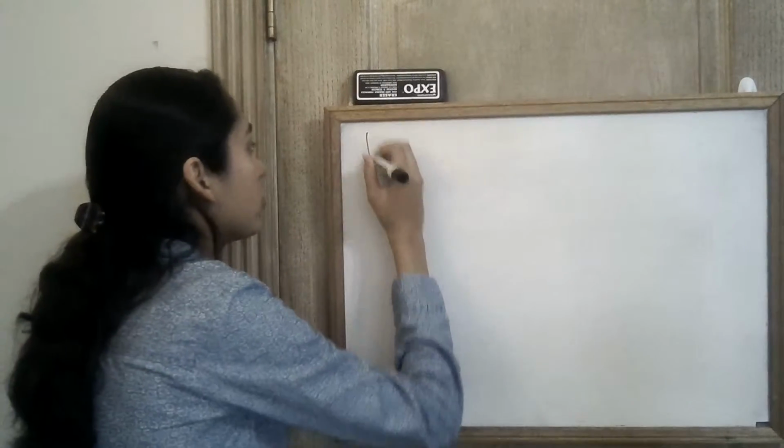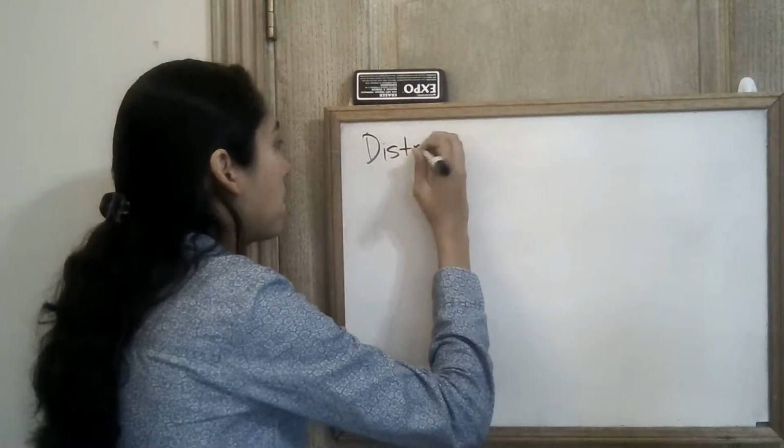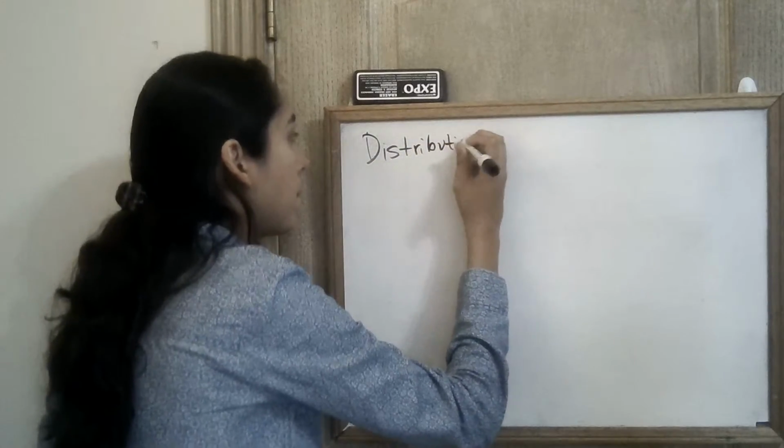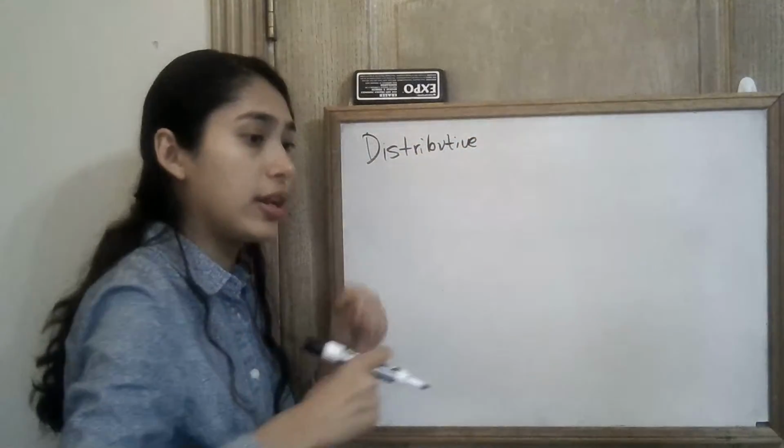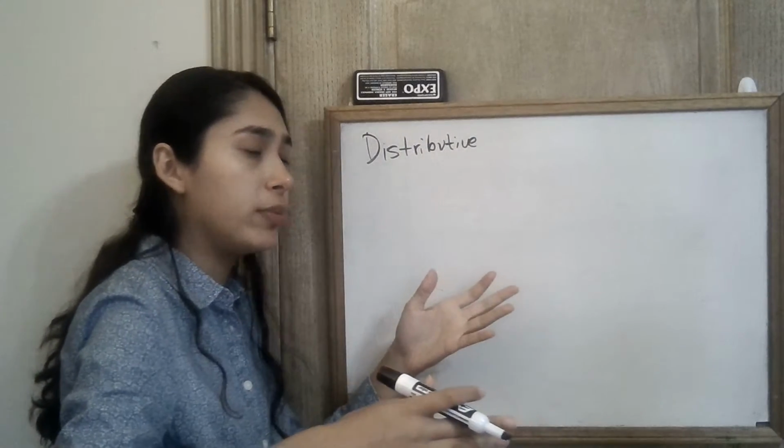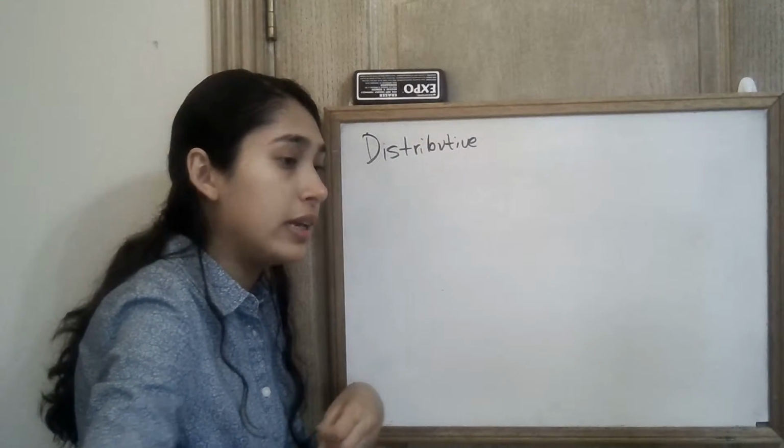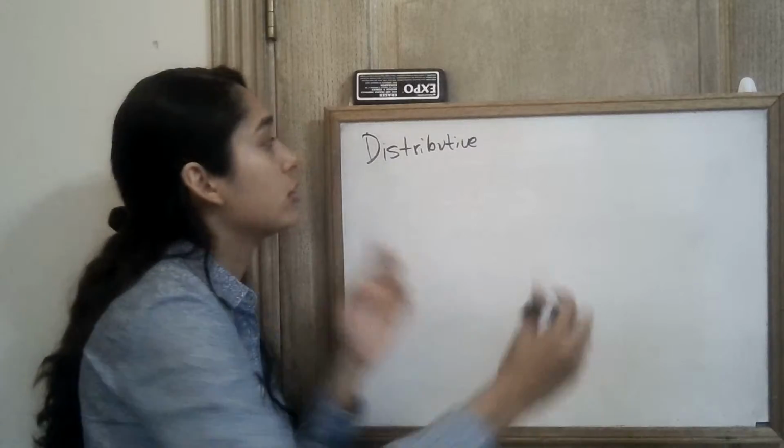So we have the distributive property. Distribute, like people distributing meals to the homeless, giving something to others.